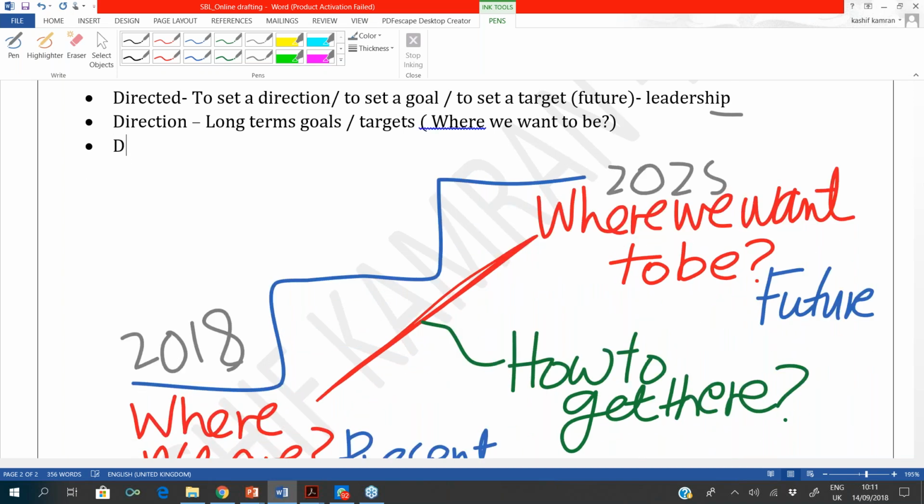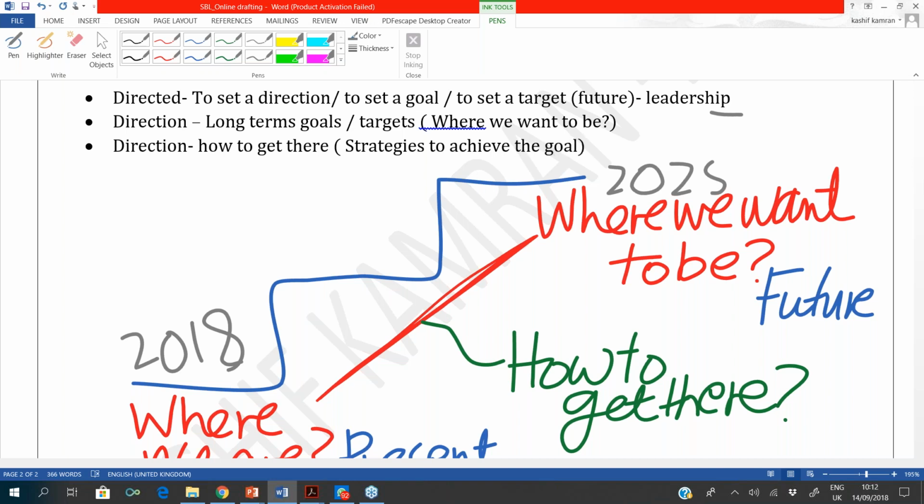And the second direction is how to get there, which is basically known as the strategies to achieve the targets. I hope all of you have a clear mindset on a goal and a strategy. The goal is the target which has been set. Now, how to achieve the goal is your strategies. How to get there, strategies to achieve the goal.